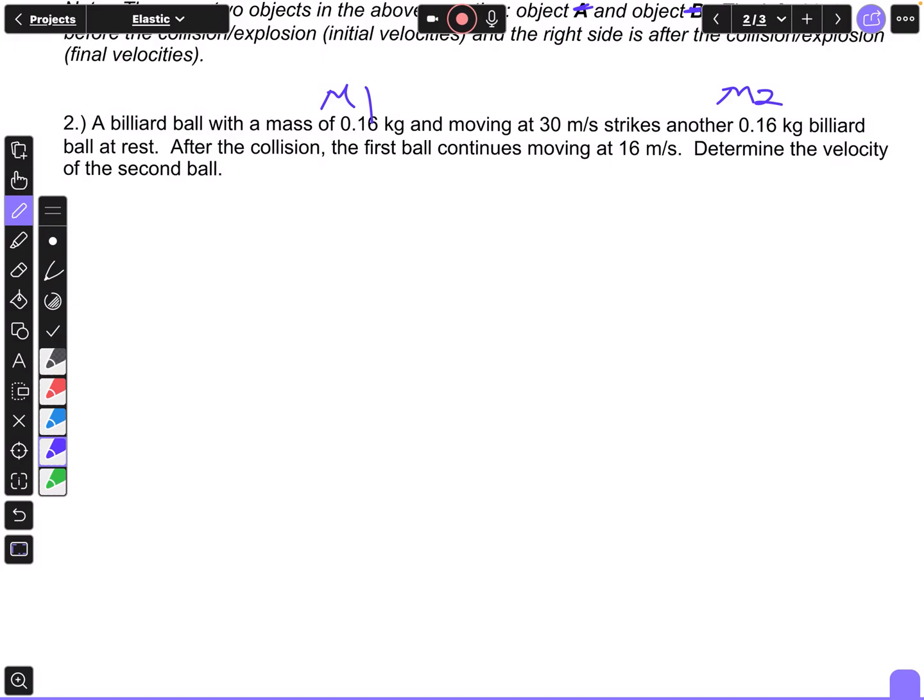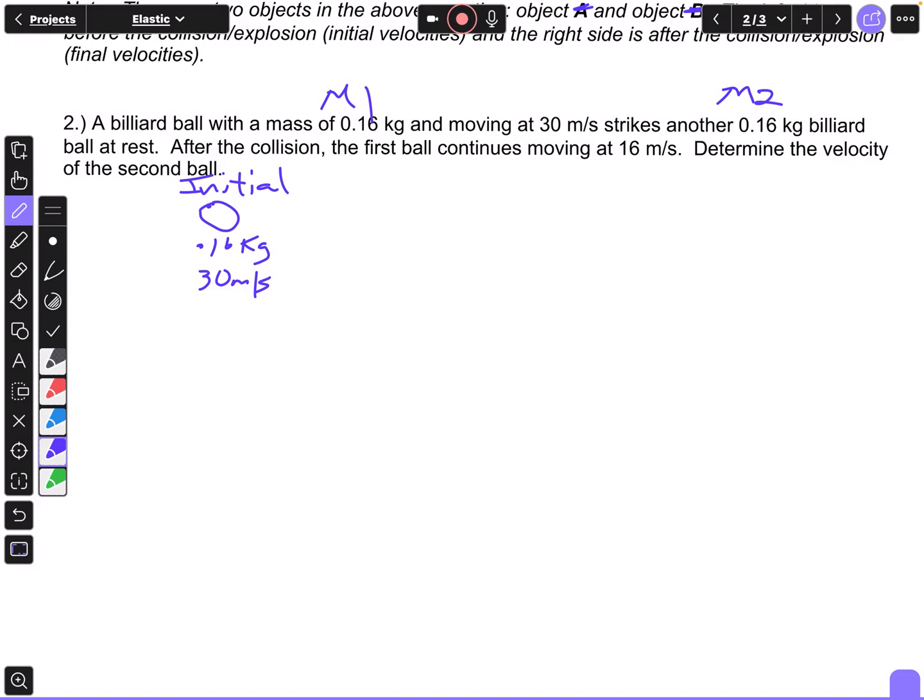So you can draw a diagram if it helps you. Before the collision, we have a billiard ball. It has a mass of 0.16 kilograms, and it says moving at 30 meters per second, so we can label this initial, and it is moving at 30 meters per second, and it strikes another ball.